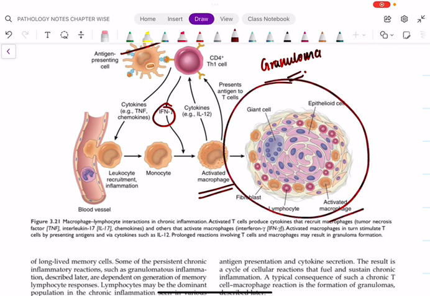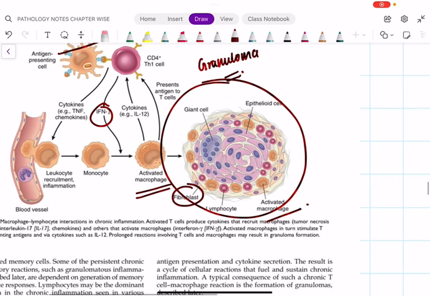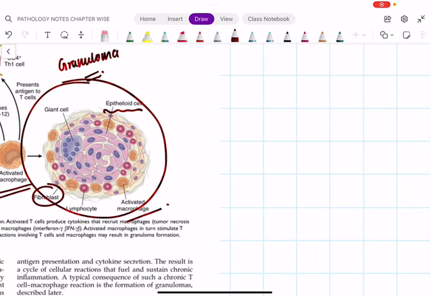Granuloma has activated macrophages. It has some fibroblast cells and some macrophages, and it has something called epithelioid cells. They are epithelium-looking or epithelium-like cells. These epithelioid cells and activated macrophages fuse to form what we call a giant cell.